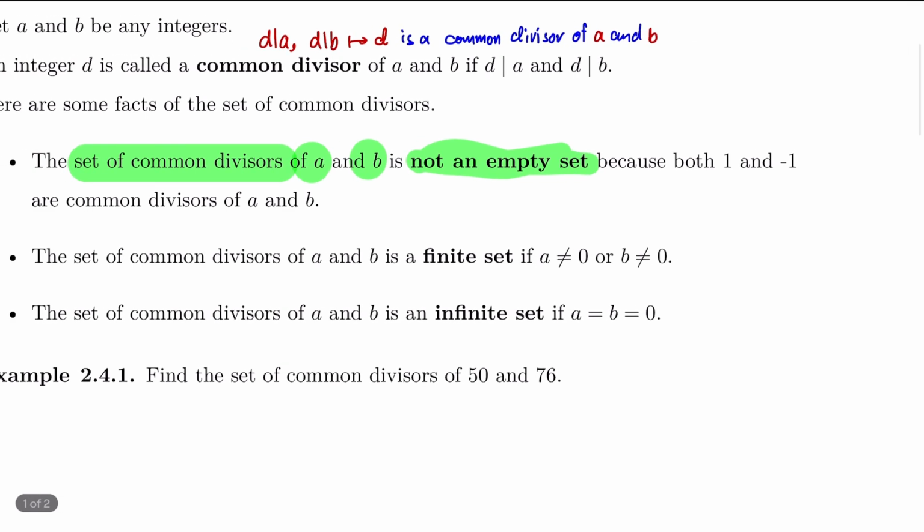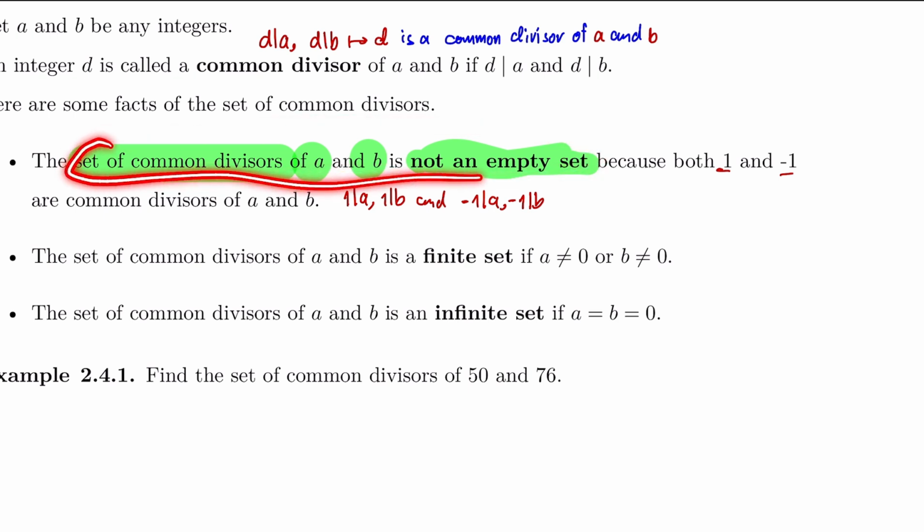Because 1 and minus 1 divide everything. 1 divides a, 1 divides b, and minus 1 divides both a and b. So 1 and minus 1 must be contained in the set of common divisors of integers a and b.